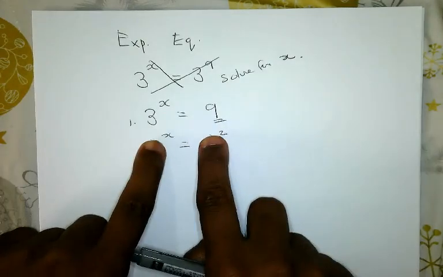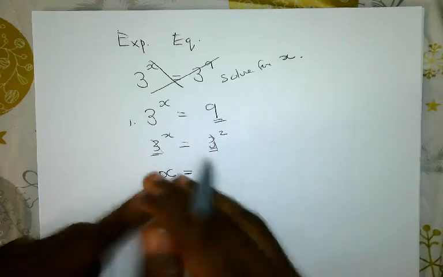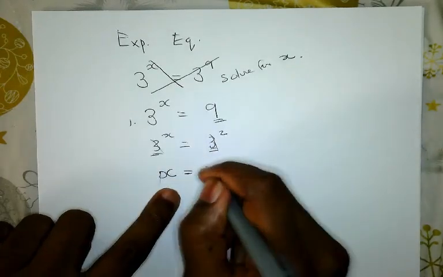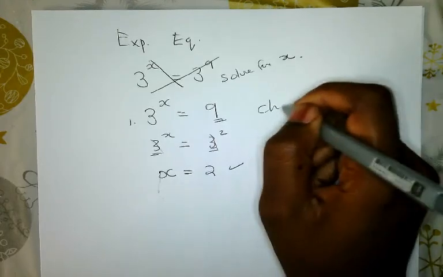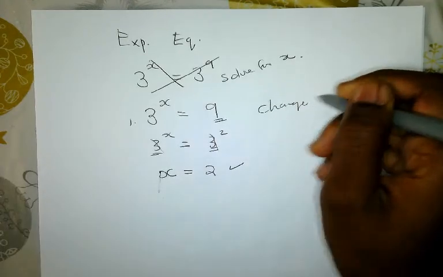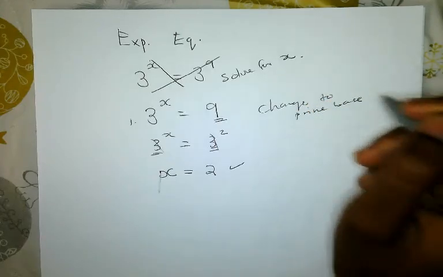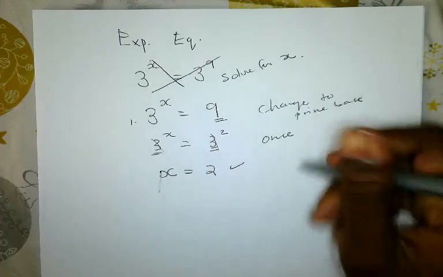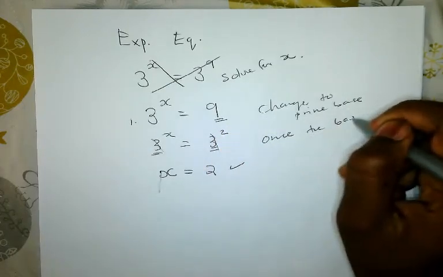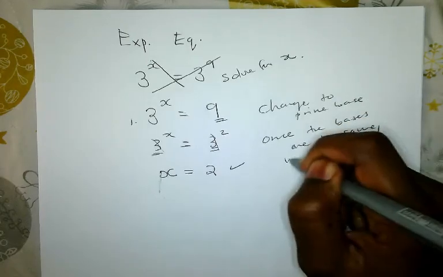So step 1, change to prime base. Your aim is to get the bases the same. Once the bases are the same, we can drop the bases and equate the exponents as they are.